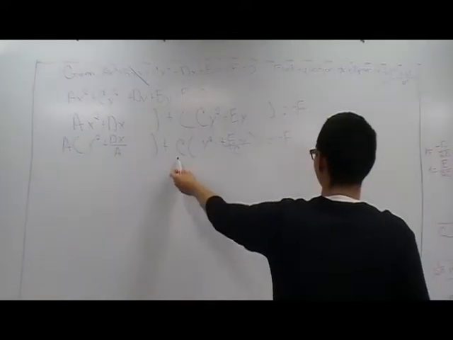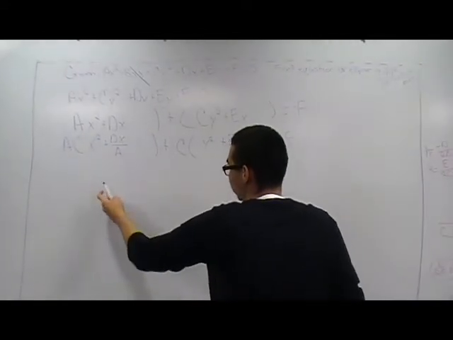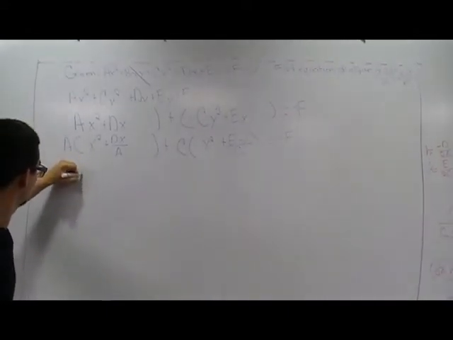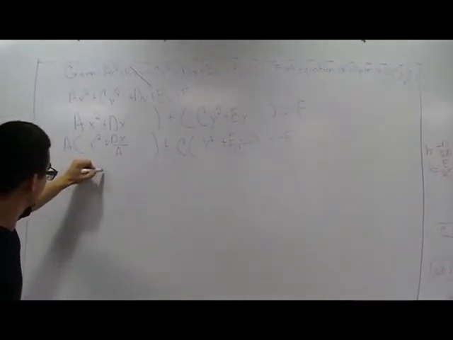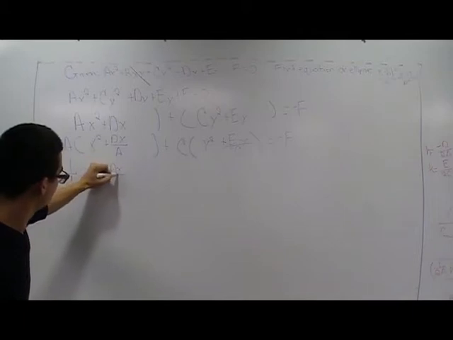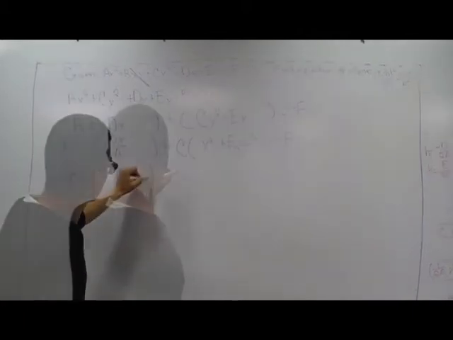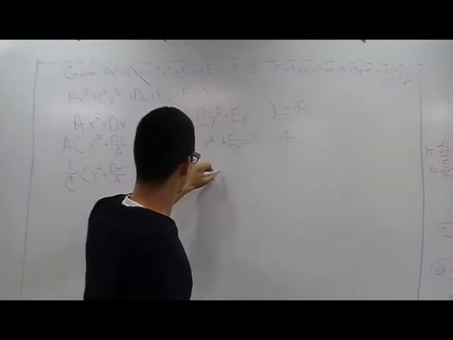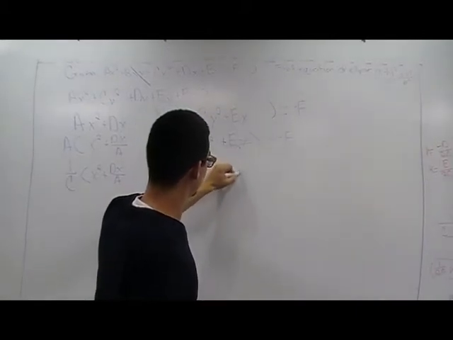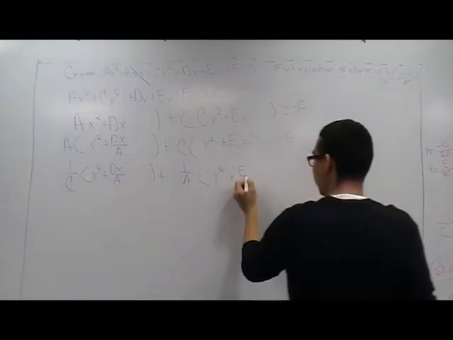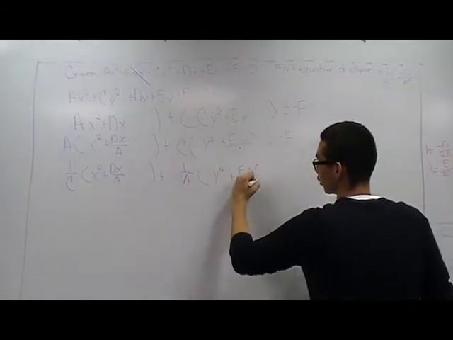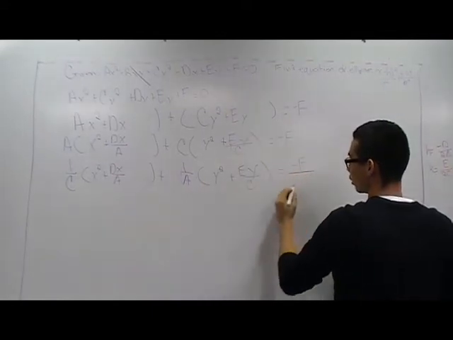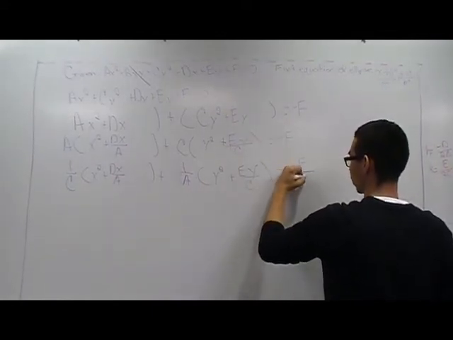Just move this a and c to the other side, and we're left with 1 over c times (x squared plus dx over a) and 1 over a times (y squared plus ey over c) equals negative f over ac.